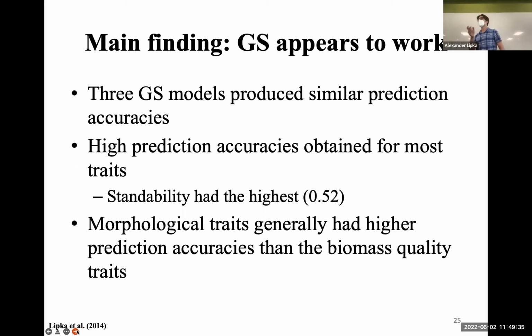What this paper showed back in 2010 for winter wheat and maize was that you can have prediction accuracies as low as 0.2 or 0.3 and still have genomic selection outperform more persistent selection. So if we're getting a prediction accuracy of 0.52, I'm not going to try to tell you that that is the best thing since sliced bread, okay? But it's nothing to frown at or dismiss. Okay.